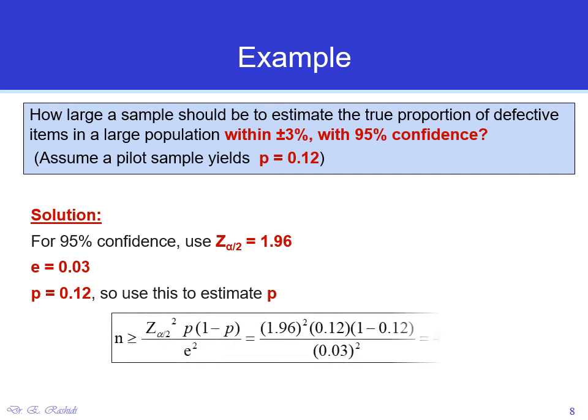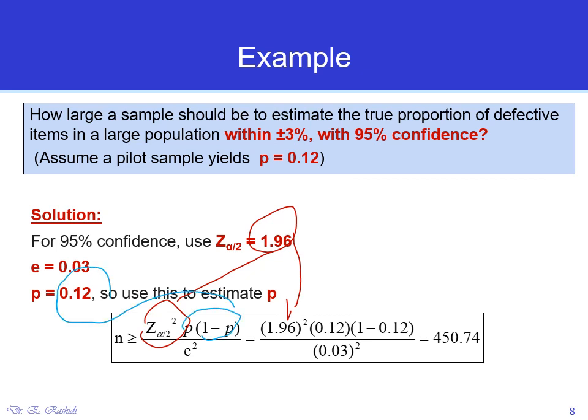So we're going to plug it into the formula. Z of alpha over 2 is 1.96 here. P multiplied by 1 minus P is 0.12 and 1 minus 0.12. And we also have the margin of error, 3%. If we plug all this into the formula, we're going to get the sample size.